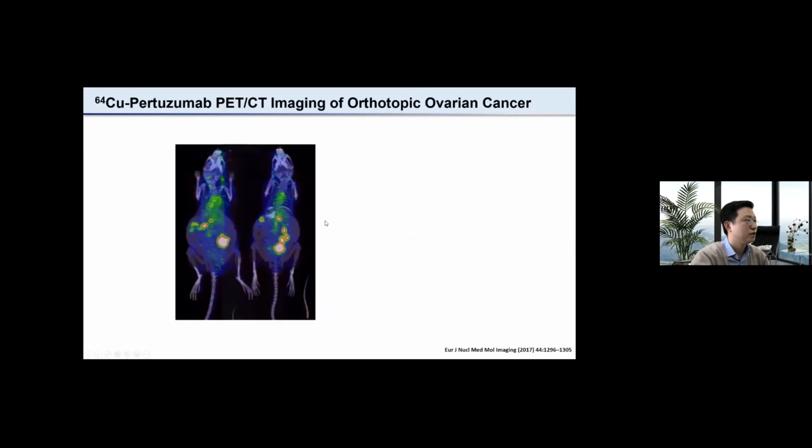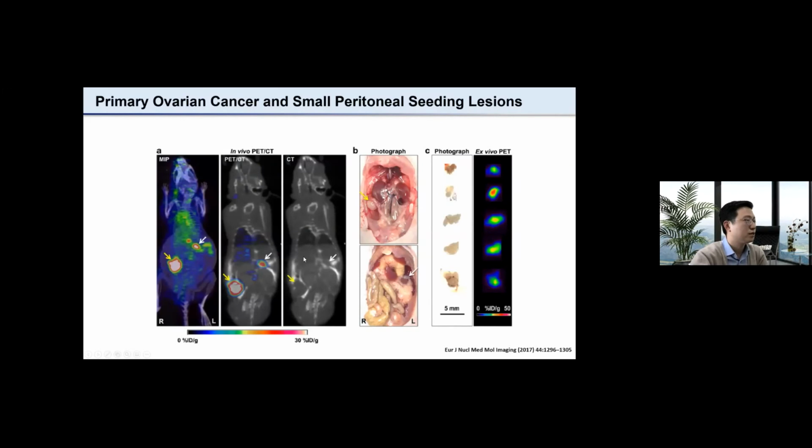We obtained a very nice PET-CT image and found that there is a primary tumor and multiple peritoneal metastases with this tracer. The tiny metastases were confirmed after the excision of the tumors, and the PET tracer uptake was very good.